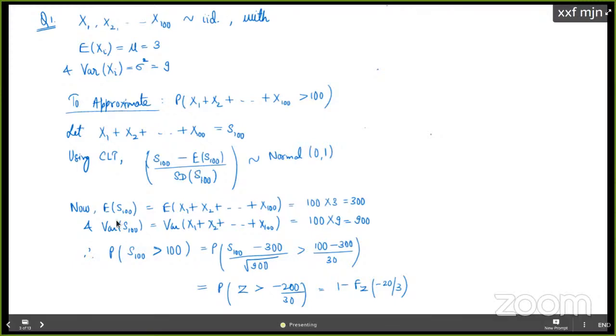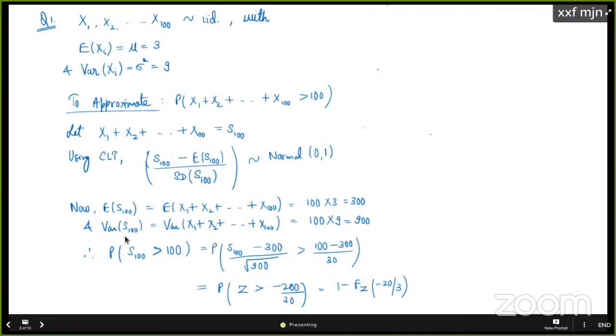So expectation of s100, which is expectation of x1 plus x2 to x100, is nothing but expectation of x1 plus expectation of x2 plus expectation of x3 up to expectation of x100, and all are IID. So it's 100 times expectation of xi. We know the expectation of xi is 3, so 100 into 3 is 300.